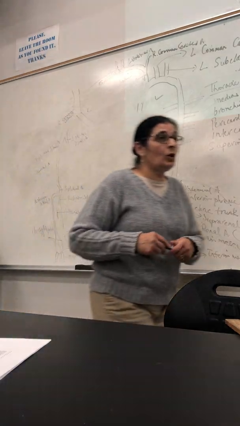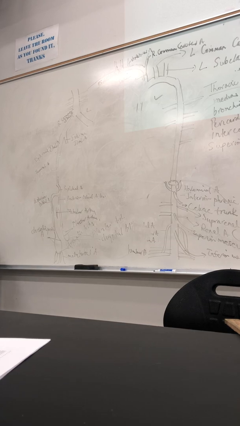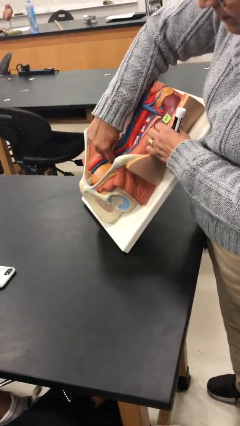So if you look at this, here you can see the abdominal aorta is dividing into 2 branches. So this and this will be the right and left common iliac arteries. Then the right and left common iliac arteries will again branch into 2.